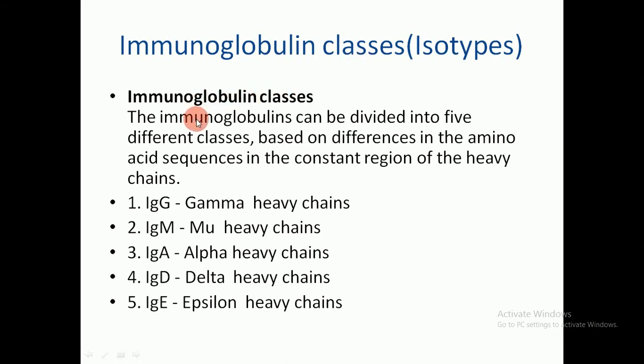The classes of immunoglobulin can be divided into 5 different classes based on differences in the amino acid sequence in the constant region of the heavy chain. IgG has the gamma heavy chain, IgM the mu heavy chain, IgA the alpha heavy chain, IgD the delta heavy chain, and IgE the epsilon heavy chain.